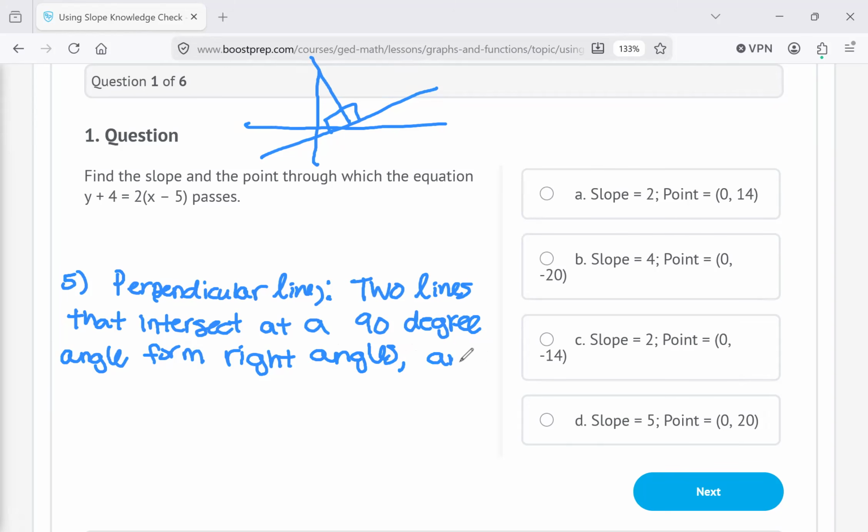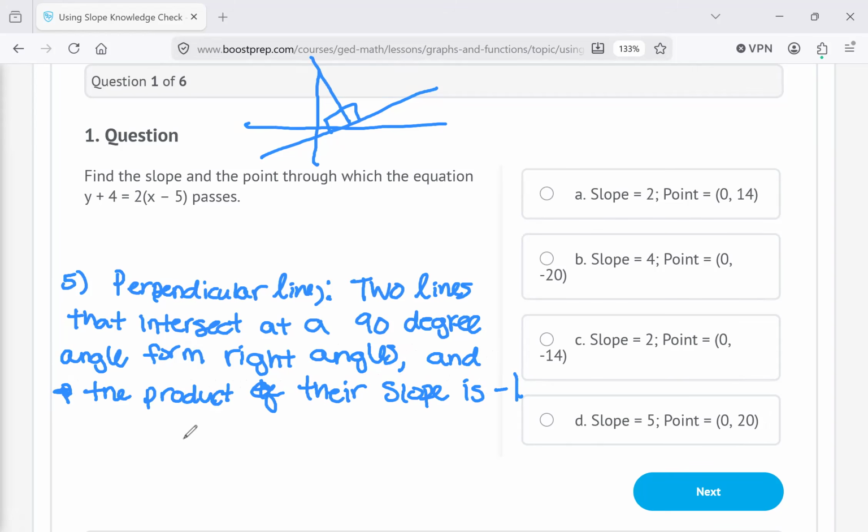If you multiply the product of their slopes, it is -1. So that's very important.